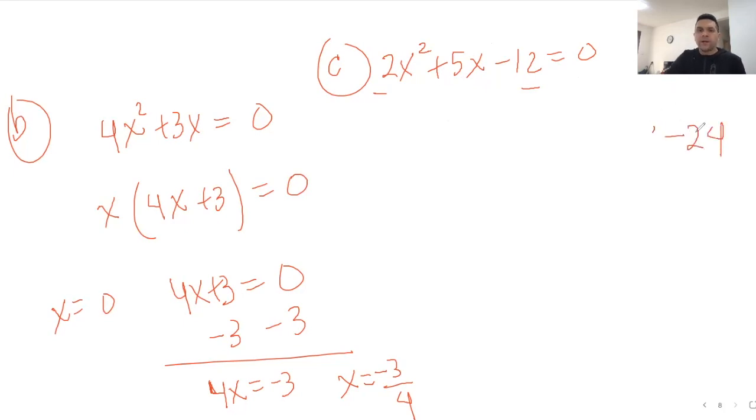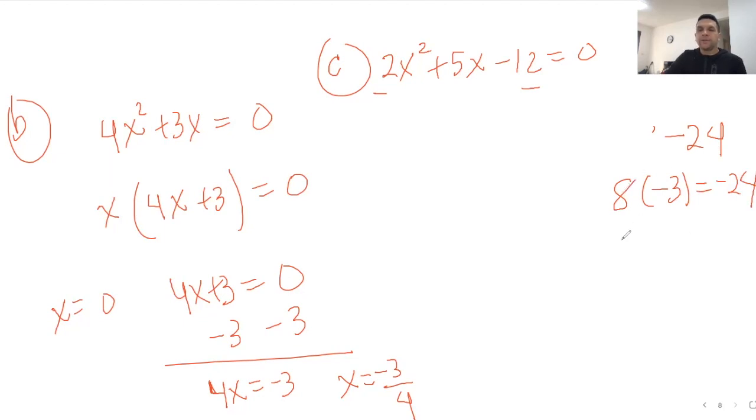And then you want to find two numbers whose product is -24, but whose sum is 5. Okay, and those two numbers would be, let's see, two numbers that when I multiply them I get -24 would be 8 times -3 equals -24, right?